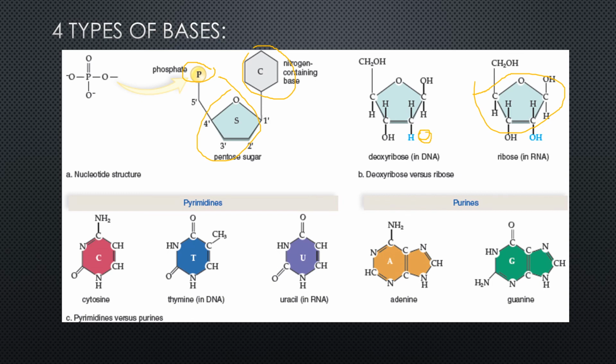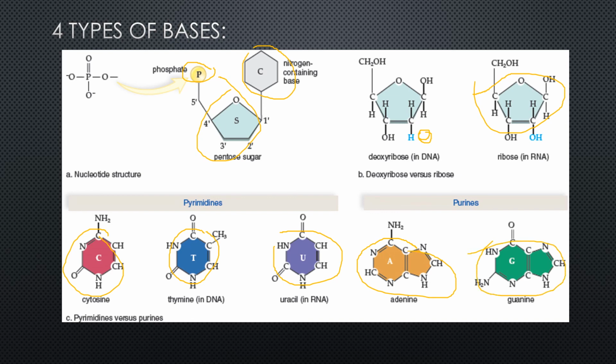Now, one thing I do want to point out is that our nitrogen-containing bases are here on the bottom half of the screen, and they fall into 2 categories. You can either be a pyrimidine or a purine. The pyrimidines only contain a single ring right here, okay? And our purines have the double rings. That's how you tell them apart.